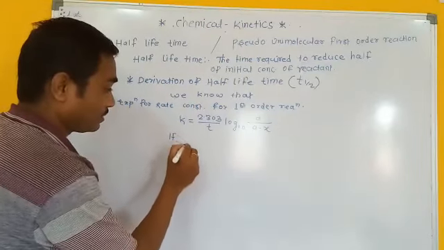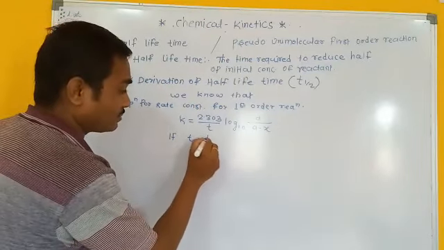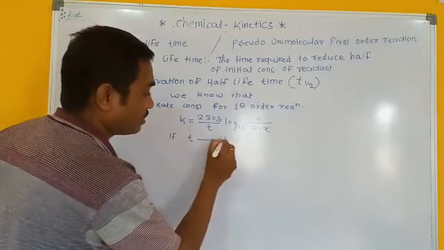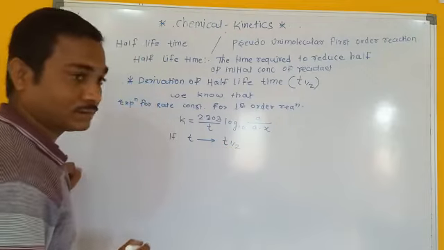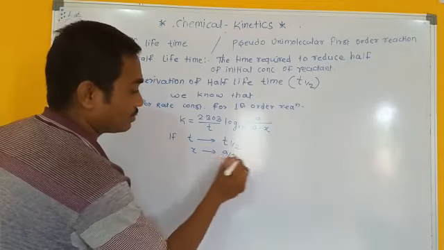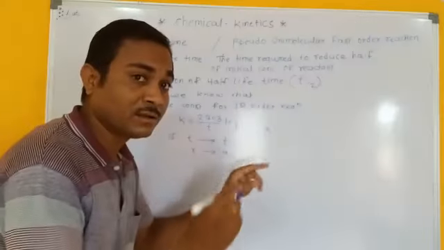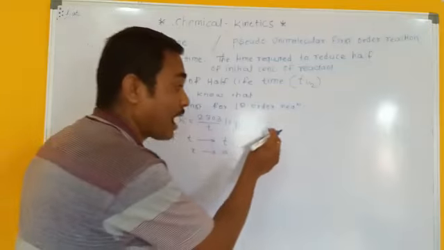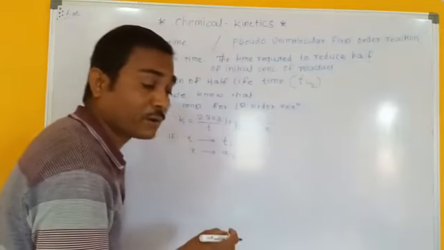If T changes to T half, then X becomes A by 2. That means X is the number of moles of reactant which is converted into product, so half of the reactant is converted into product.